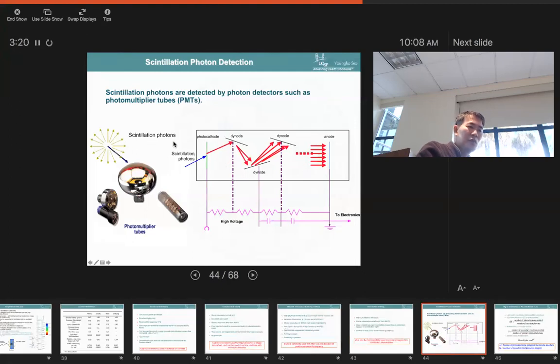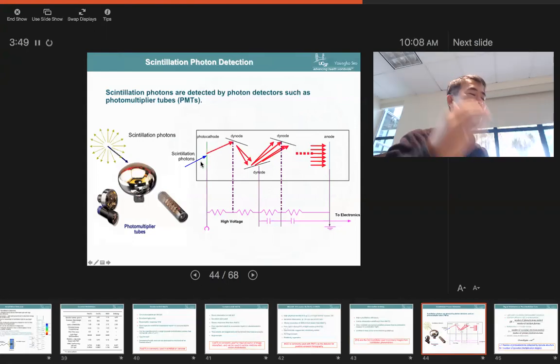Scintillation photons, visible light, are hitting the photocathode. This is a photocathode material, like cesium iodide or some other material known for converting, again, with a high voltage applied. What the photocathode does is convert scintillation photons to photoelectrons.